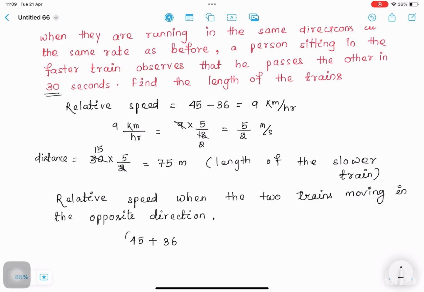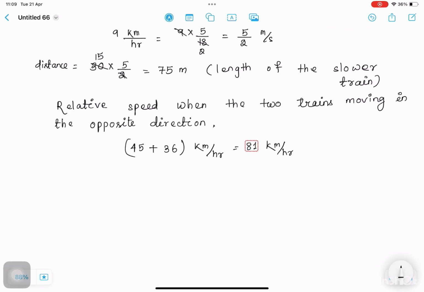So it will be 81 kilometer per hour. Again we have to find meter per second, so we have to convert it into meter per second.